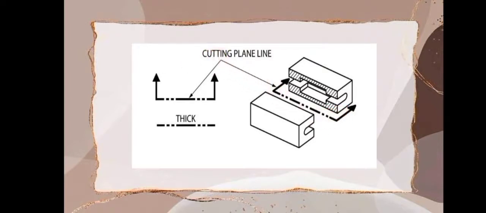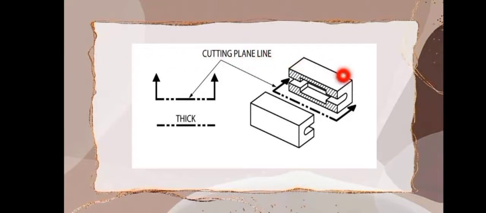So as you can see, both lines are drawn the same thickness as the visible line. What the cutting plane line wants to show us is what the object really looks like inside. And this is also our visible line.